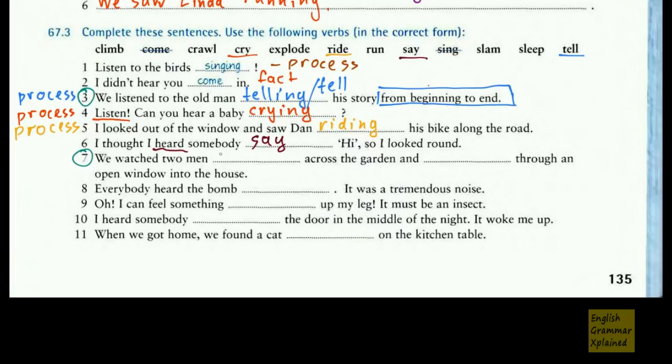I consider the first section to be process, running. Or, if you don't like running, you can also use run, and that will also be right. And what about the second action? Well, here I will use climb, but you can also use climbing.